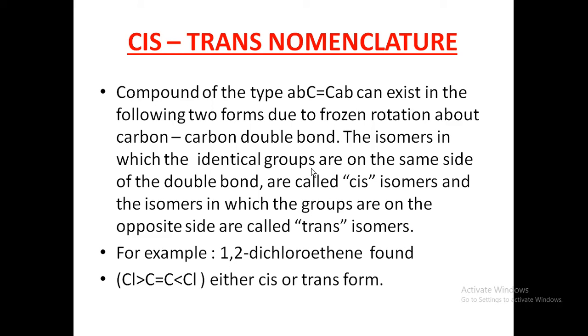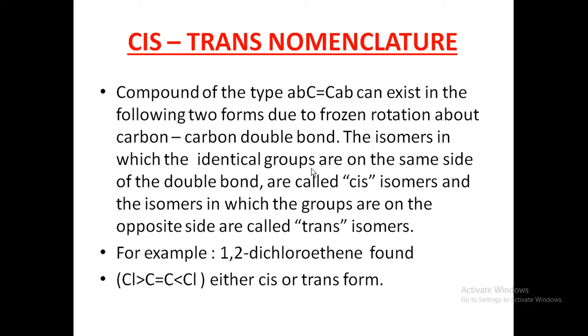The isomers in which the identical groups are on the same side of the double bond are called cis isomers, and the isomers in which the groups are on the opposite side are called trans isomers. For example, 1,2-dichloroethane.